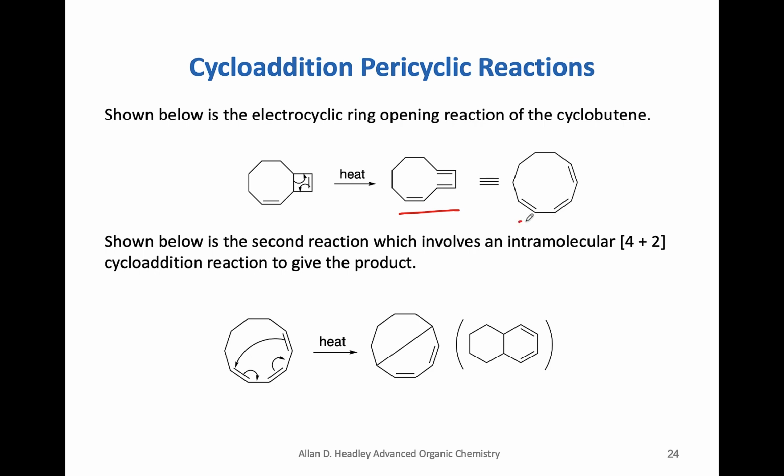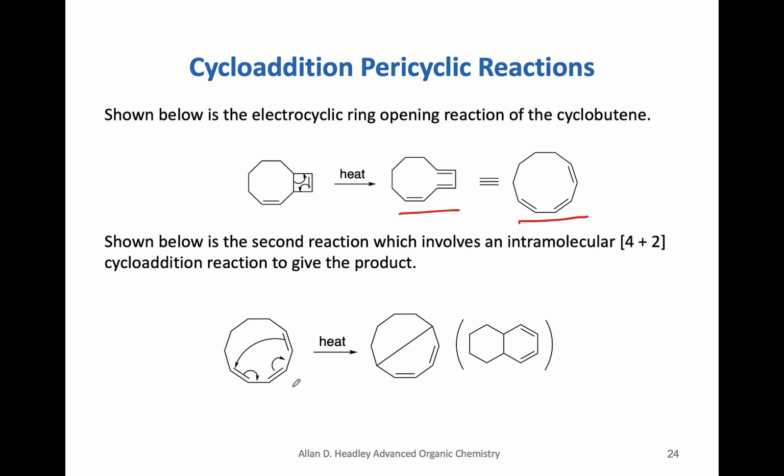Another way of drawing it is like that, very huge cyclic compound. But notice here though that there are 3 double bonds in conjugation. So if we can get a 4+2 out of this, we have the product. So here's our 4 and our 2.